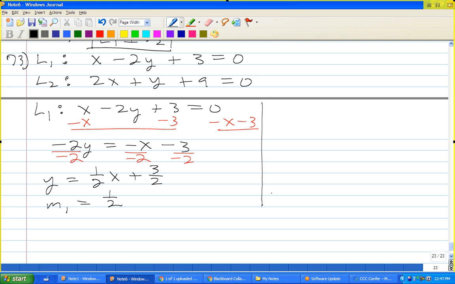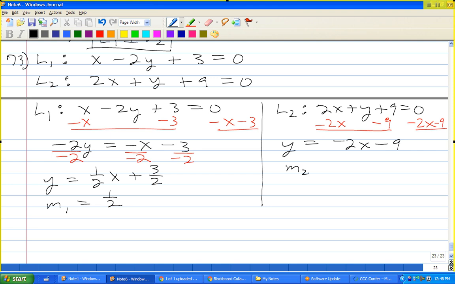Let's look at the second line. Subtract 2x and 9 from both sides of my equation in order to isolate y on one side of my equation.